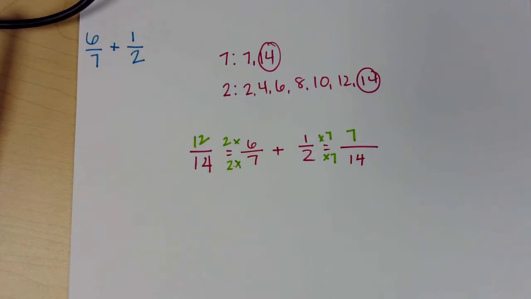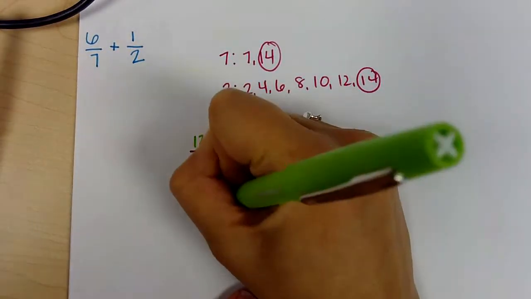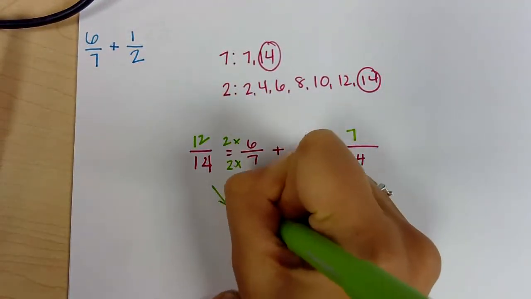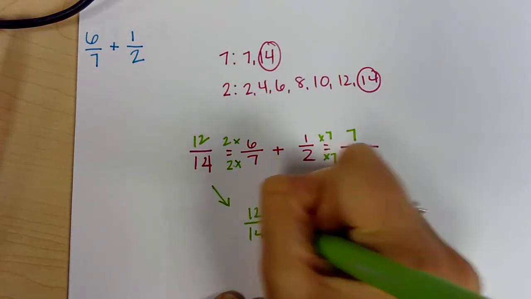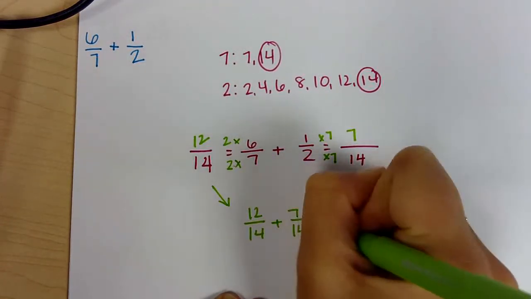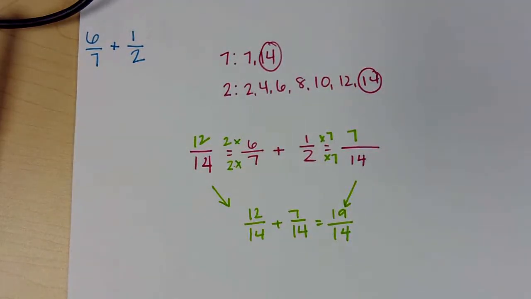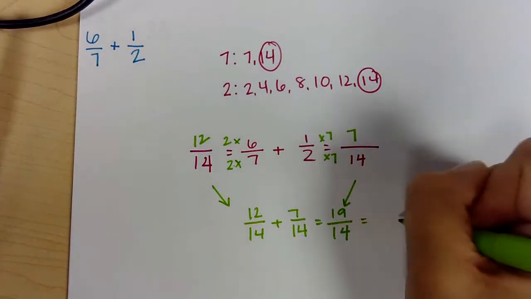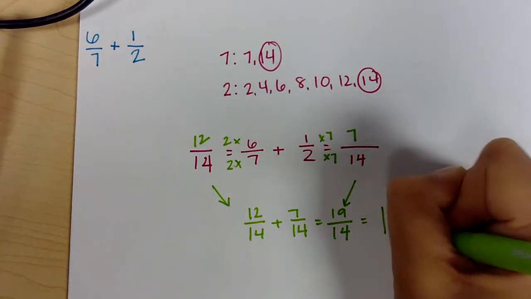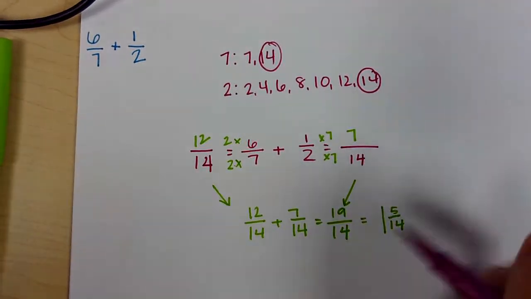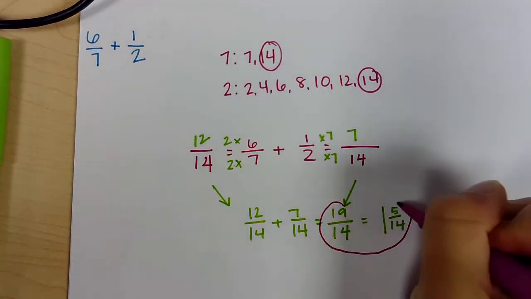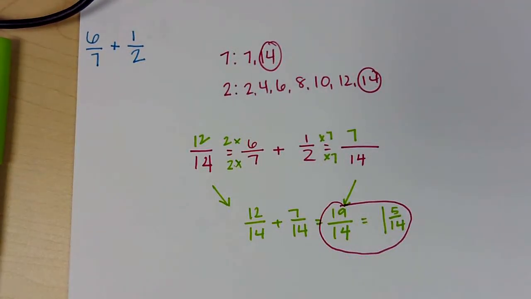From here, I've got those two new fractions. 12 fourteenths plus 7 fourteenths, getting me 19 fourteenths. This is my sum of those two fractions, and I can rewrite that as 1 and 5 fourteenths as a mixed number. It just depends on what the question's asking you.